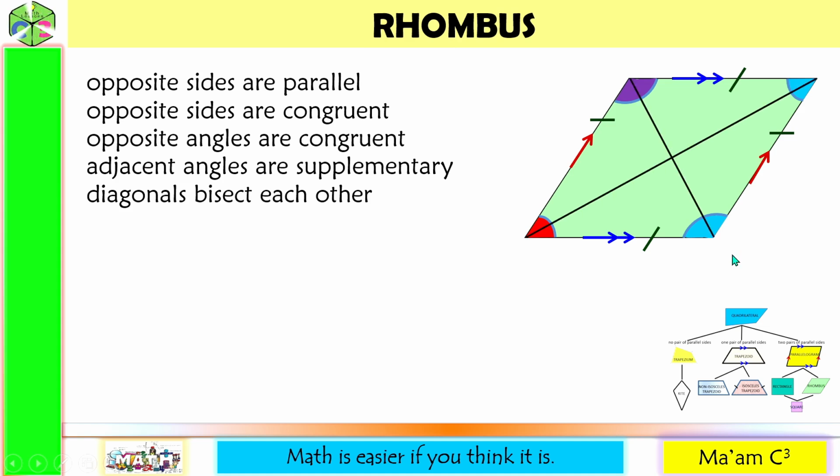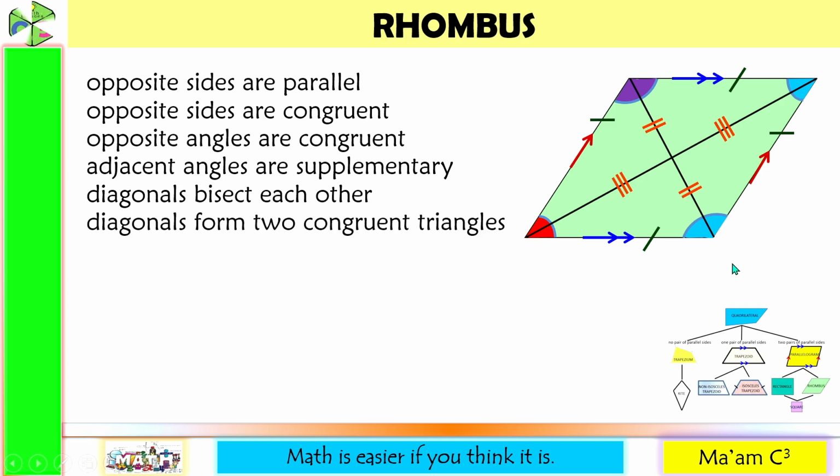So that is a property of a parallelogram. So these two are congruent while these two are congruent. Last property of a parallelogram, diagonals form two congruent triangles. So in this case, if we are going to consider this diagonal, this triangle is congruent with this triangle.